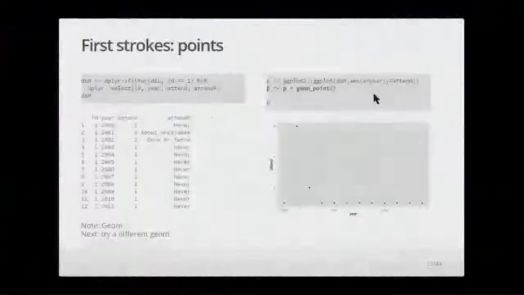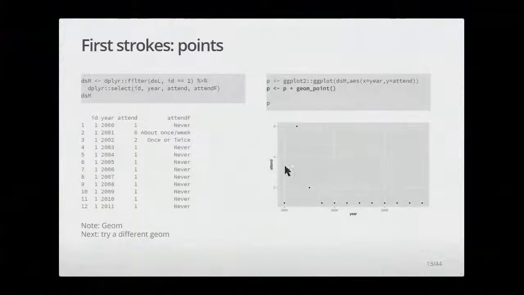Okay. So let's make sure that we understand what's happening because this is fundamental. We have to make sure that we understand how these numbers become these dots. So on the horizontal axis, we have year. So this is 2000, and at year 2000, the attend value was 1, correct.